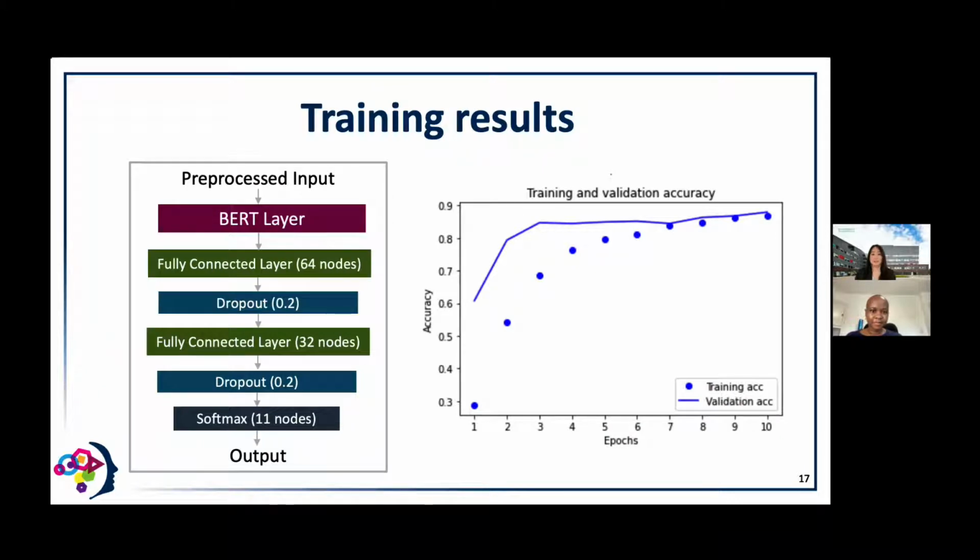And now we do the training. The little diagram on the left here shows the way we've set up the model. We mentioned BERT as a pre-trained model that understands language context, so we are using this as what we call a base layer. We're taking the learning from the pre-trained model, sometimes called transfer learning.